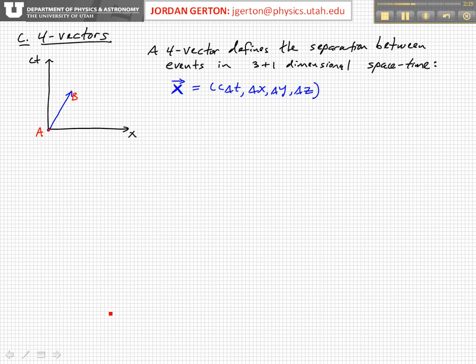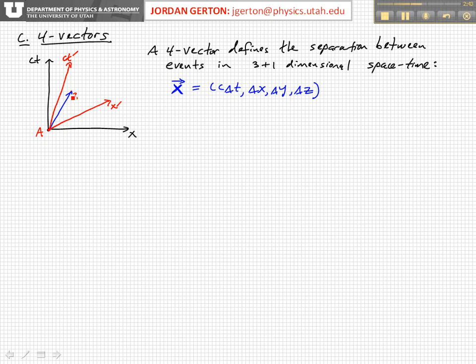So in special relativity, we can think about this in terms of, if we boost to a different frame that's moving with respect to the first, and one way we can depict that is by shearing the coordinate system, then this vector between A and B doesn't change.